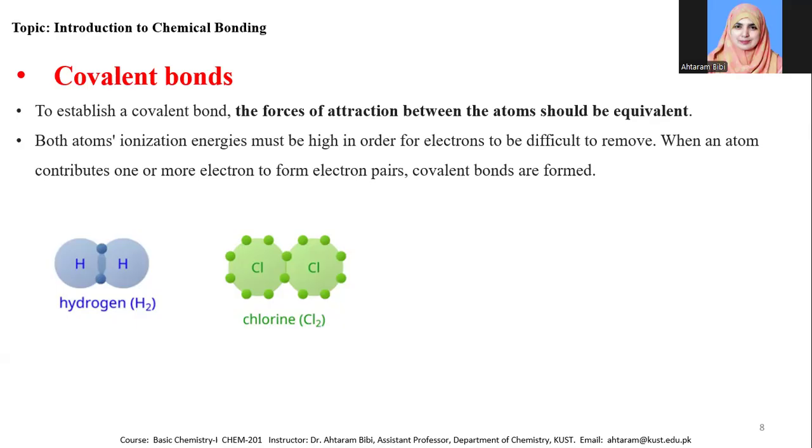So they equally share one electron each to produce a covalent bond. This type of covalent bond is known as a non-polar covalent bond because every atom equally shares the electron pair.